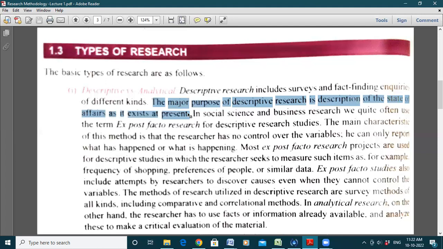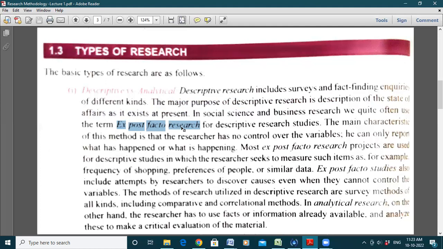Some of you may be from social science or business, school of business, even for the basic science also. Okay, we need this. So read this term properly. Ex post facto research. Ex post facto research. और ये टर्म हम descriptive research studies को बताने के लिए ही बार बार यूज करते हैं, right?